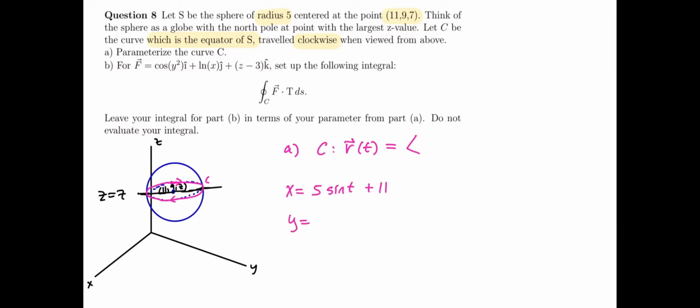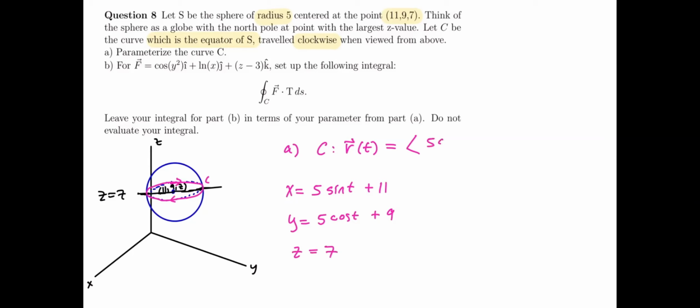Then y is r cosine t, so 5 cosine t plus the y coordinate of the center, which is 9. The z doesn't change, we're at level 7, so z is going to be the constant 7. Let's write it out component-wise.